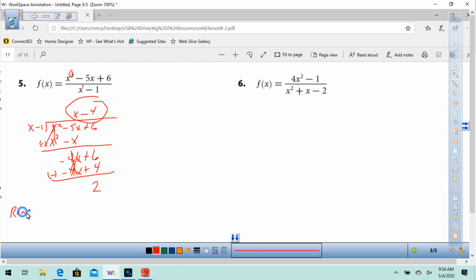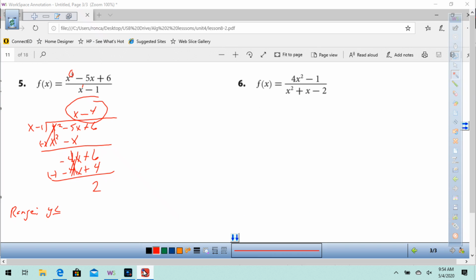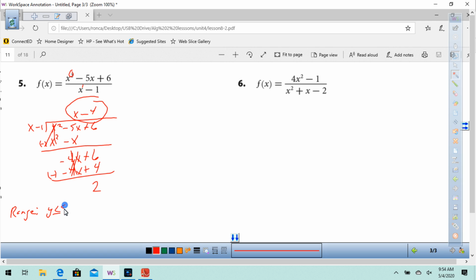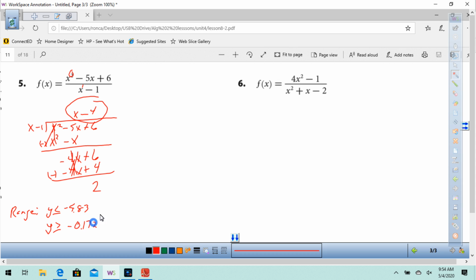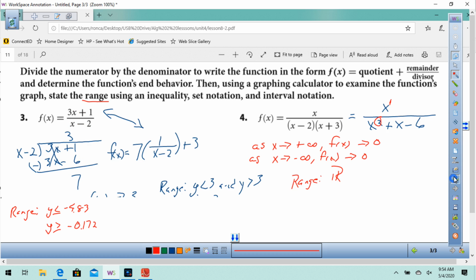Range: y is less than or equal to 5.83, and y is greater than or equal to negative 0.172, I think it was. And let's see, what else were we looking at?